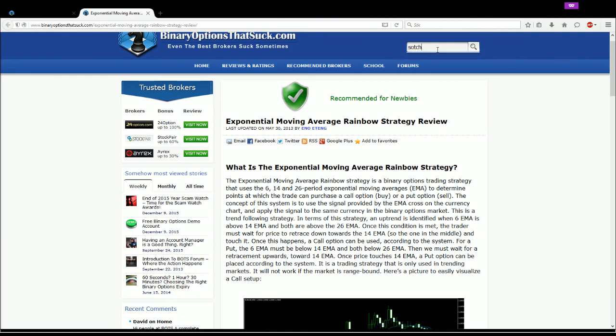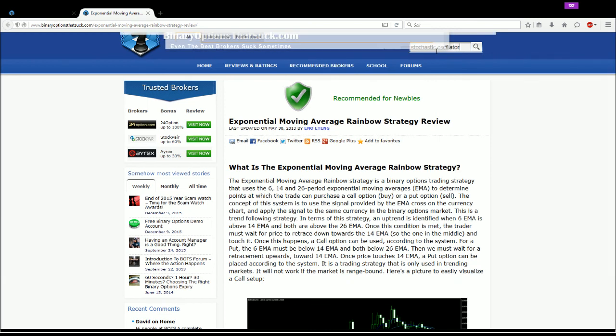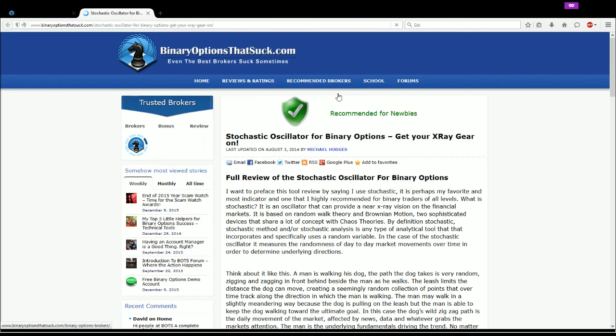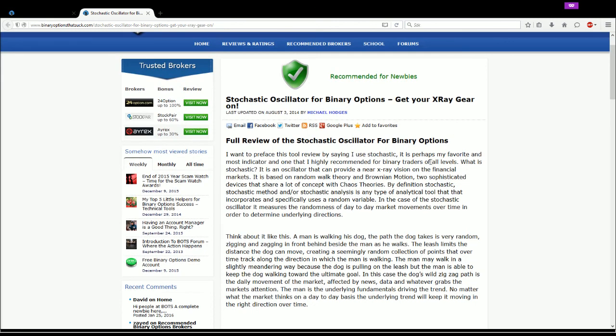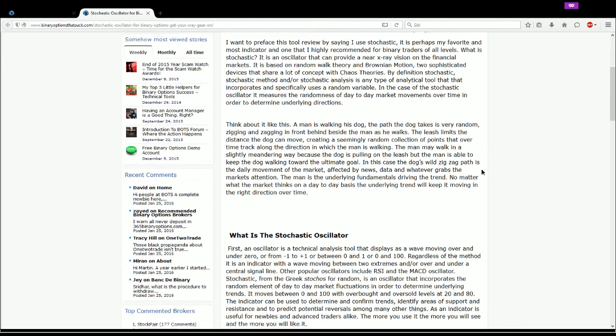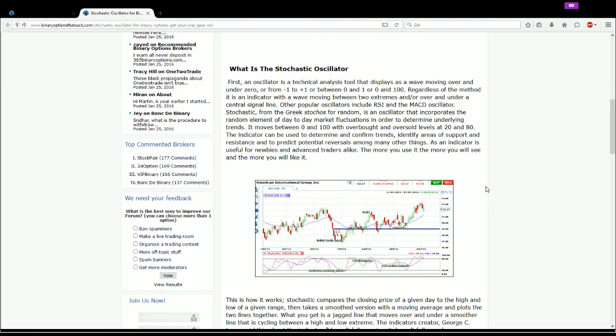For example, let's see stochastic oscillator, see what we find. Here's something about stochastic oscillator, and basically they're used the same way, the level 20 and 80. Most articles you will look at tell you about the same thing.